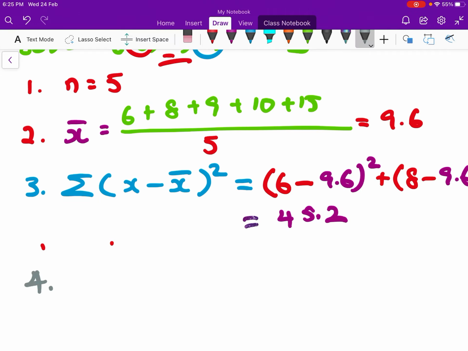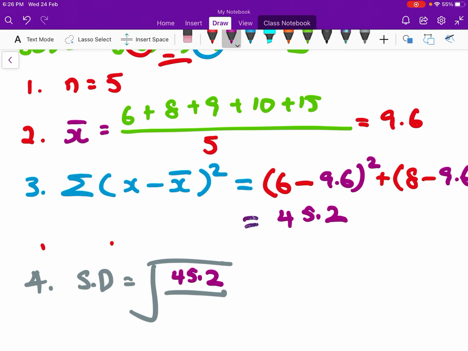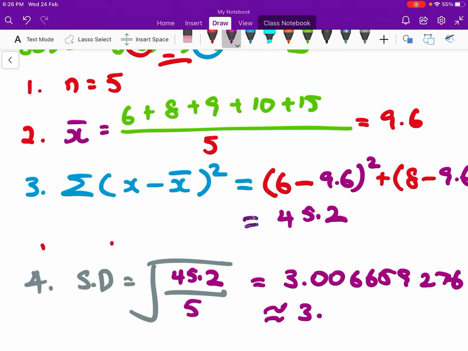Standard deviation: square root of 45.2 divided by my number of data, 5. I should get a value of 3.006659276, or rounded off to 3SF, 3.01.